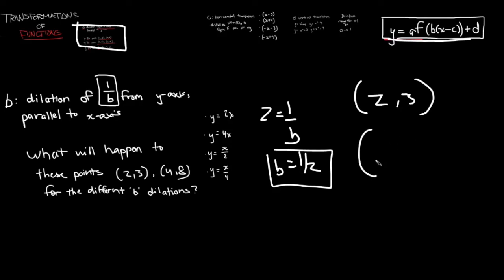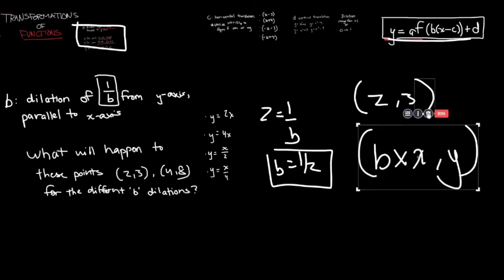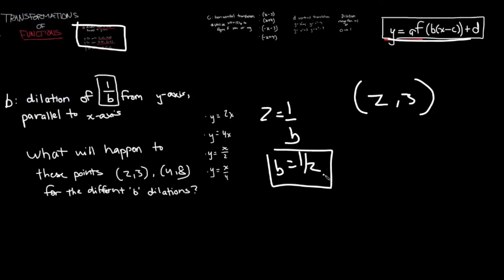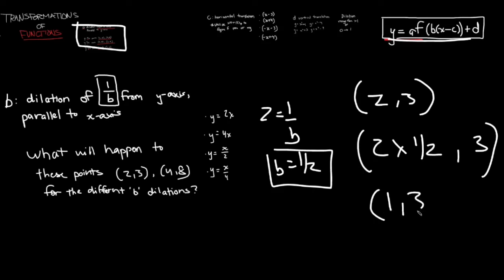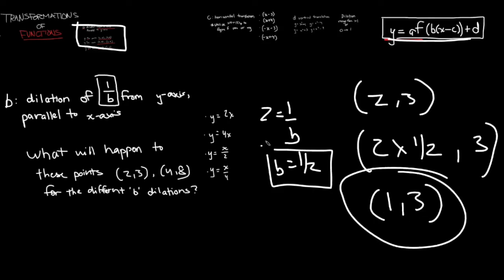Remember how I said b affects x, so b times x and then y. That's what b does, it multiplies with x. That causes it to be 2 times 1/2, 3, which is just half of 2, resulting in 1 and 3. So this is the new coordinate after the transformation of y is equal to 2x.